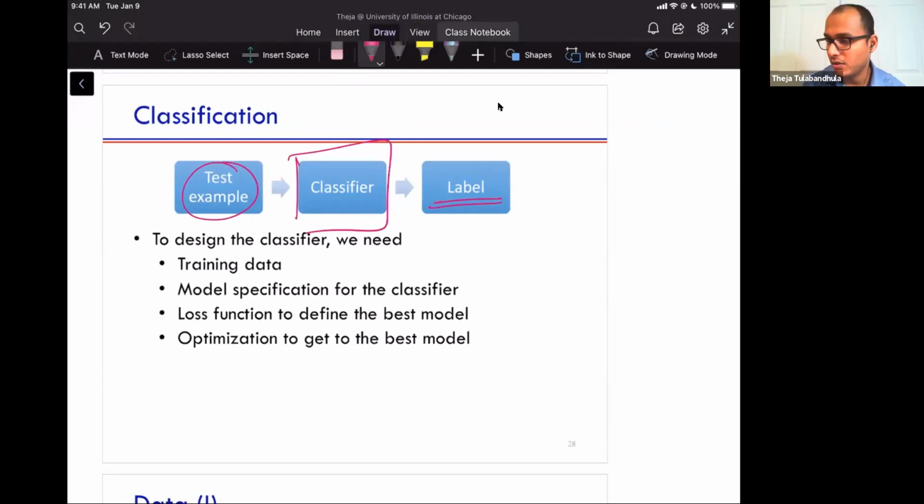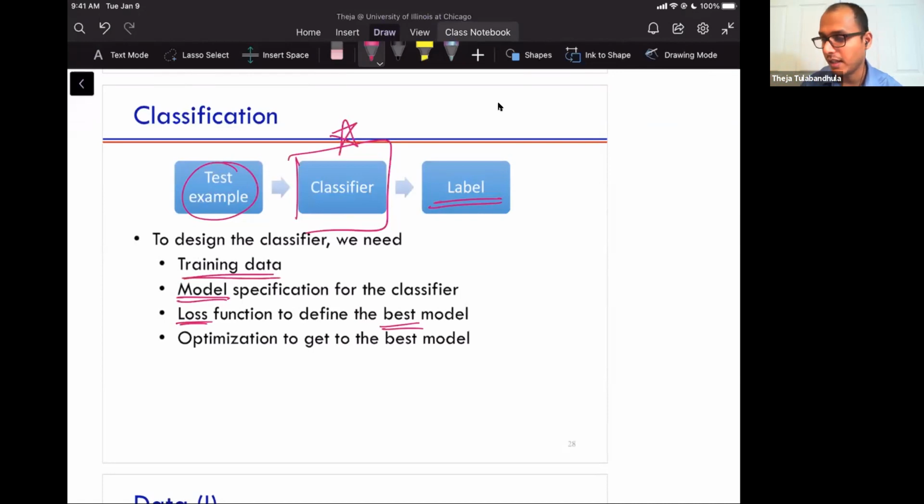So to design the classifier, you will need to build this object, the one with the star mark. You need training data. You need to consider different types of models. You may have to separately, or sometimes it's also baked in with the model, consider the loss function, which basically helps you determine what's a good model, what's not a good model for this data.